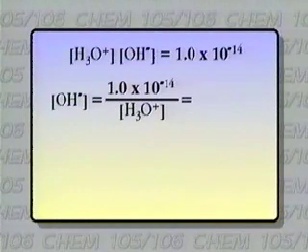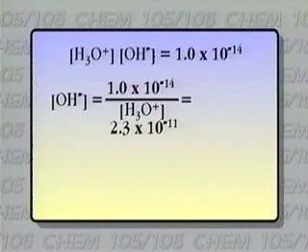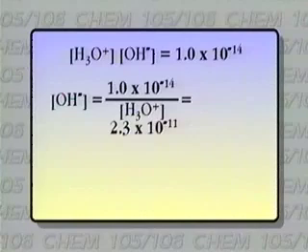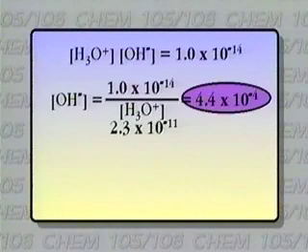Plugging in the number then for the hydronium ion that we just calculated, and I'll just go ahead and write that right below it here, 2.3 times 10 to the minus 11. And then we will calculate what the hydroxide concentration is. So divide by 1 exponential minus 14. And we end up with a final answer then of 4.4 times 10 to the negative 4th.